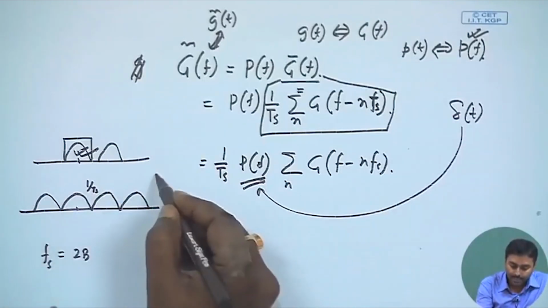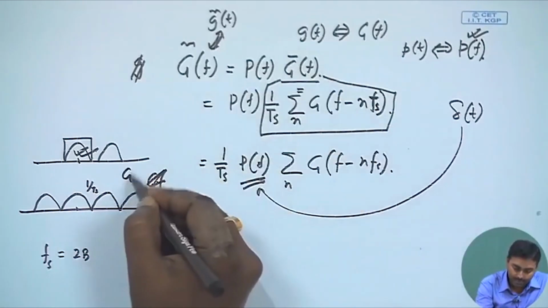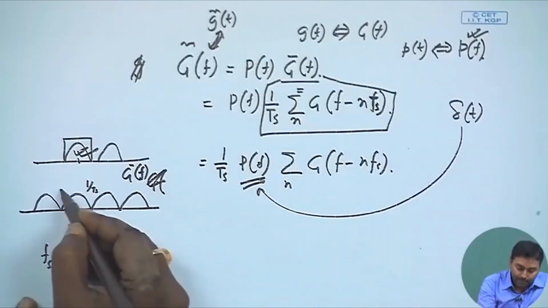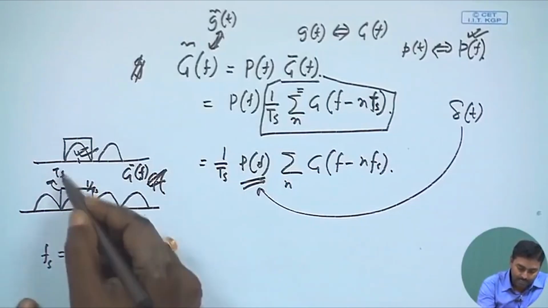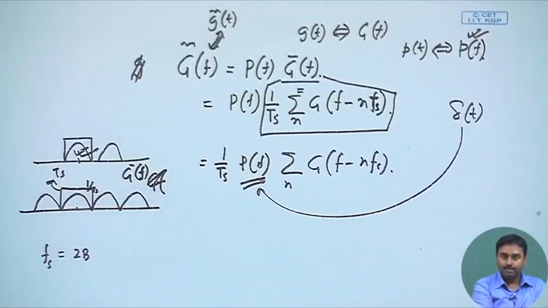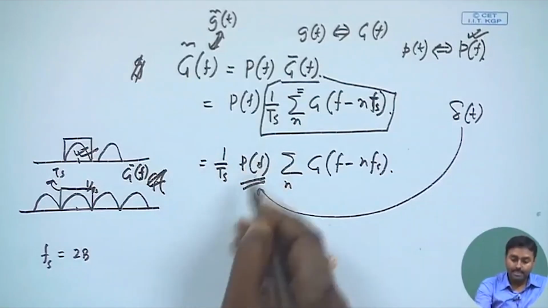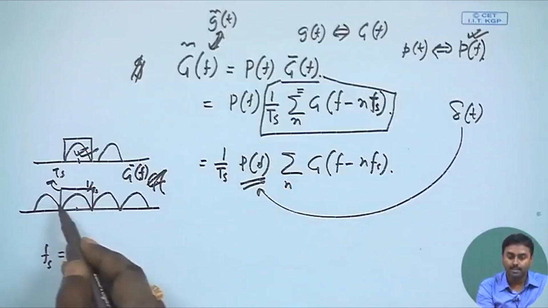So, this is actually my G bar(f). If I pass this through an ideal low pass filter with a gain of Ts, so that Ts and 1 by Ts get cancelled, I get this original G(f). But now because I have done the sampling with a pulse, this P(f) should be multiplied with this function.